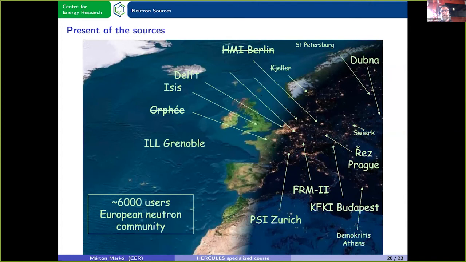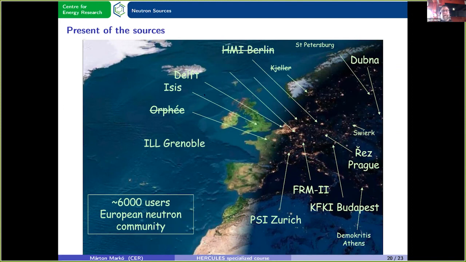So at first, HMI Berlin, which has the same power as the Budapest reactor, was closed, and then Schieler, that's in Norway, that's a smaller one, and then in Saclay the Orphée reactor was closed as well, and the remaining, oh, the arrow is missing here. Here is ILL Grenoble. Hopefully it will work for some 10 years.